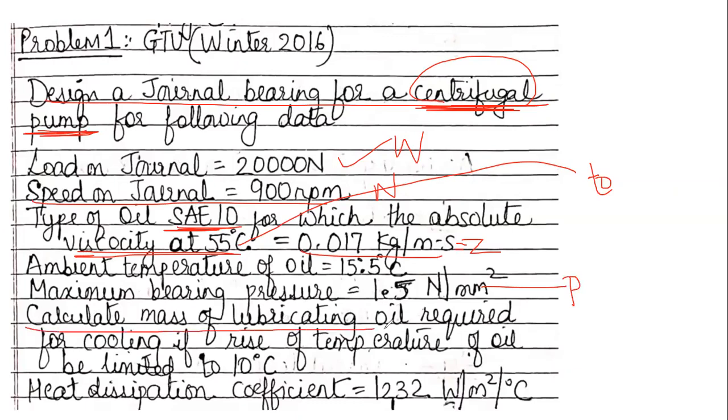Calculate the mass of lubricating oil, step number 10, for cooling, if the rise of temperature of oil is limited to 10 degrees C. In m Cο delta T, that delta T is 10 degrees C. Heat dissipation coefficient C, which we are going to use in the formula of heat dissipated.